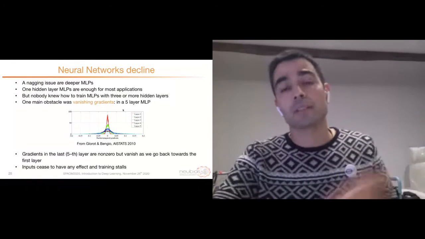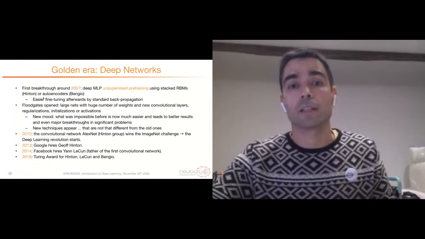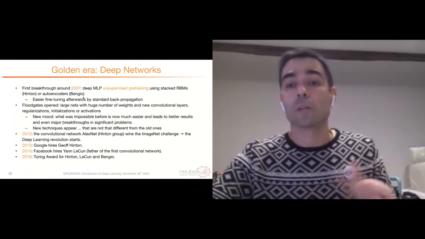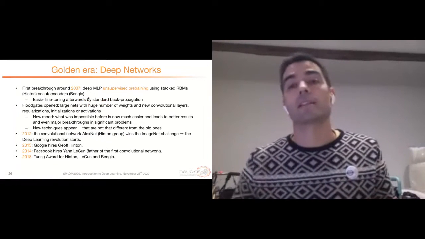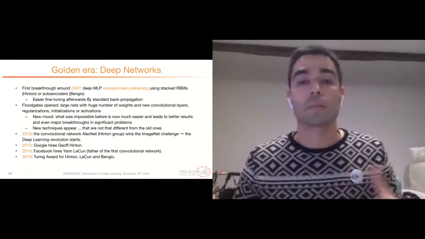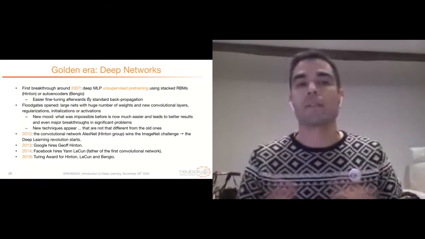So everything changed in 2007 when 2 groups, one led by Hinton, one led by Bengio, using 2 unsupervised techniques, showed how to pre-train the networks, and then later, using regular backpropagation, how to fine-tune those networks. So suddenly the floodgates opened.